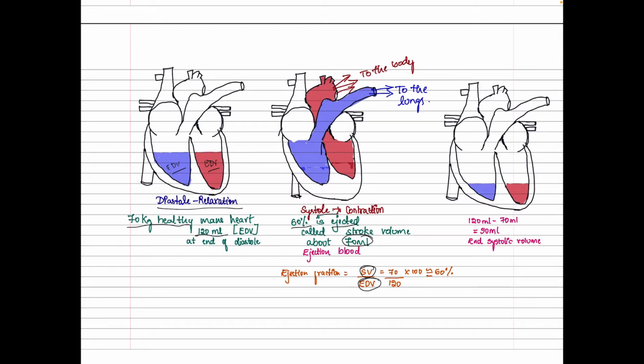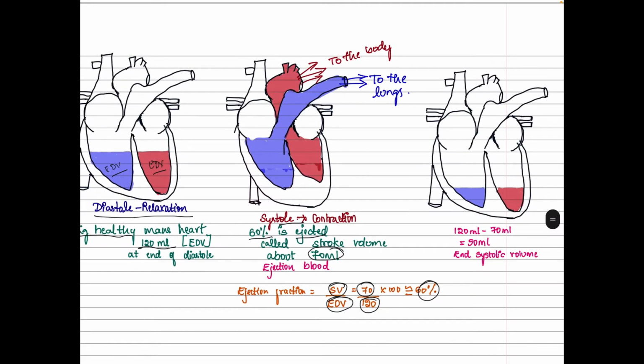Stroke volume is about 70 ml and end diastolic volume is about 120, and multiplied by 100 it gives about 60%. After systole, the remaining blood in both ventricles is about 50 ml. This is called end systolic volume.